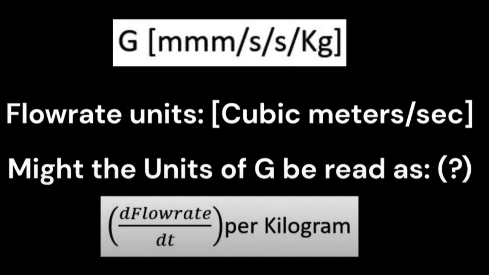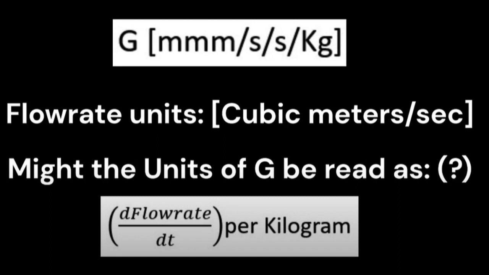You probably also remember a few videos back I was questioning what the units of G meant. And sure enough, flow rate units are cubic meters per second. And so the units of G can be read as d(flow rate)/dt per kilogram. That's exactly consistent with this equation we're finding here.